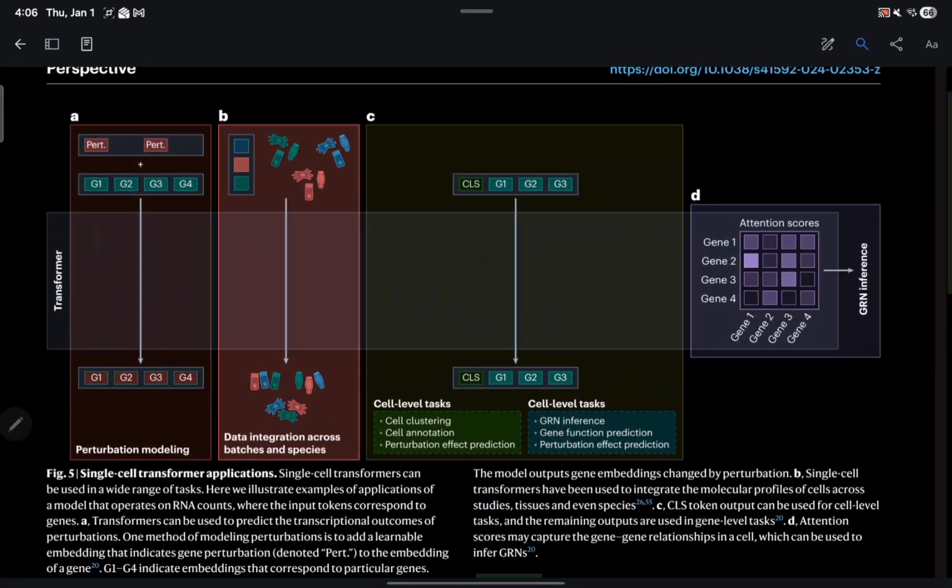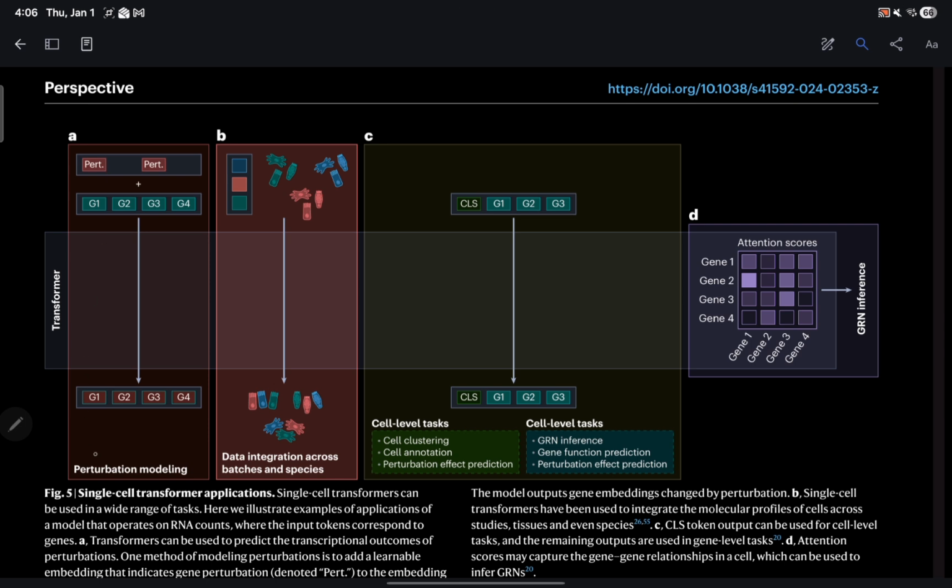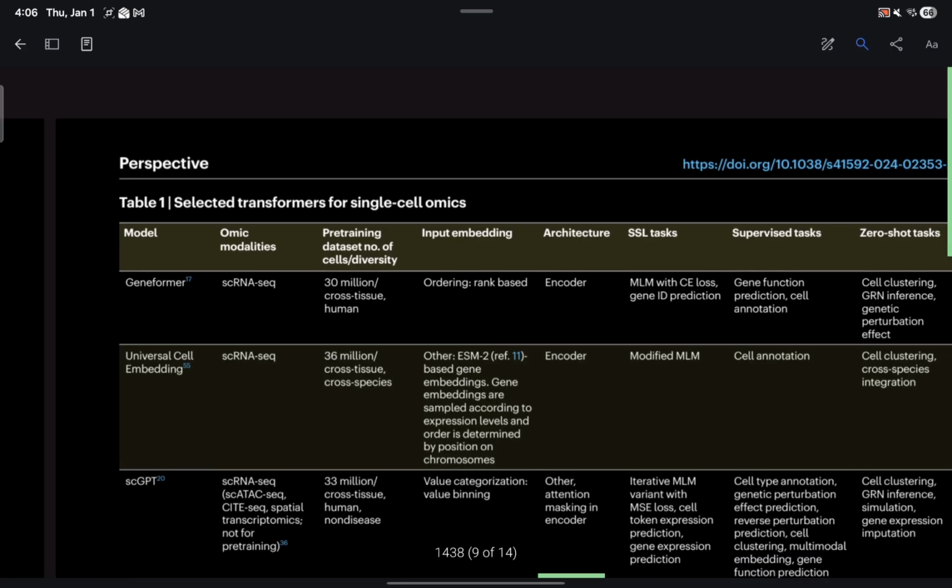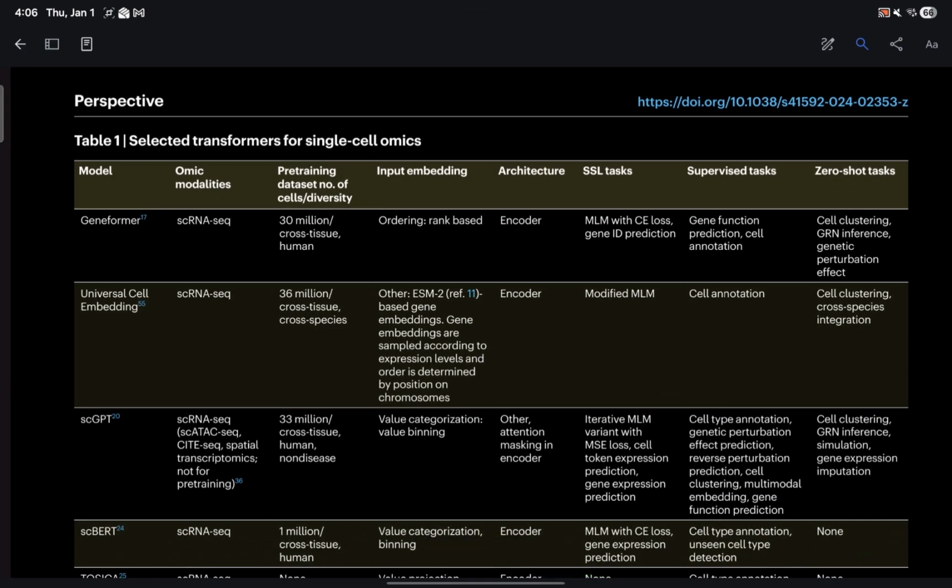And again, you have the applications, which are drug perturbation or general perturbations, data integration, and cell-level and gene-level tasks that I talked about earlier. Here you have some famous models like GeneFormer, universal cell embedding, and so on. Usually they are trained on RNA-seq, and usually they are self-supervised learned on the MLM task, but the supervised task can differ between them.